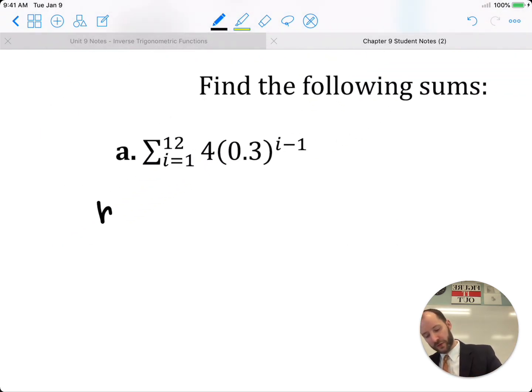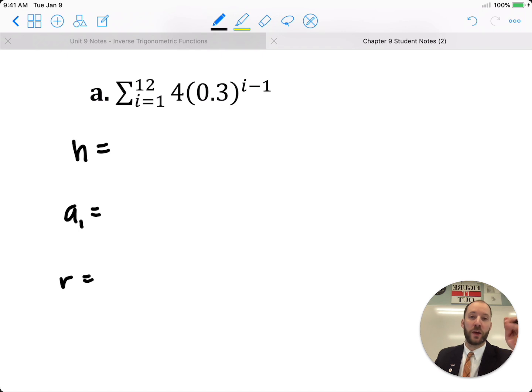So to look at this first example, n, our first term, and our ratio. Well, n is the number of terms adding up. So 1, 2, 3, 4, 5, 6, 7, 8, 9, 10, 11, 12. So 12 terms. Our ratio is the number we're raising to a power, so 0.3.